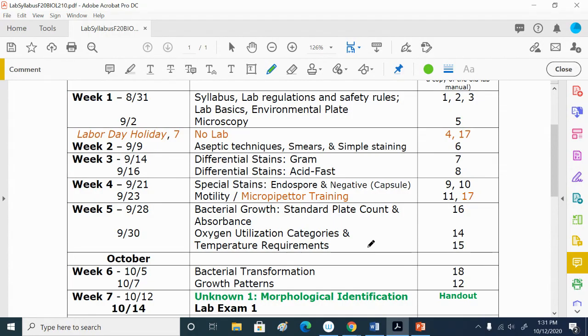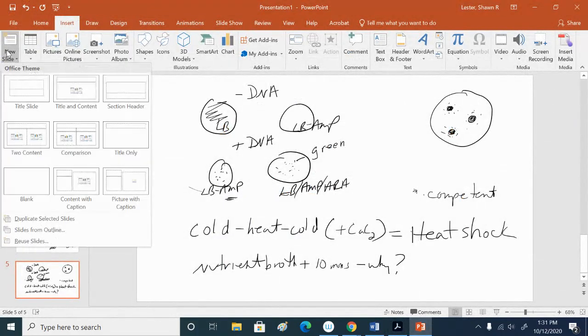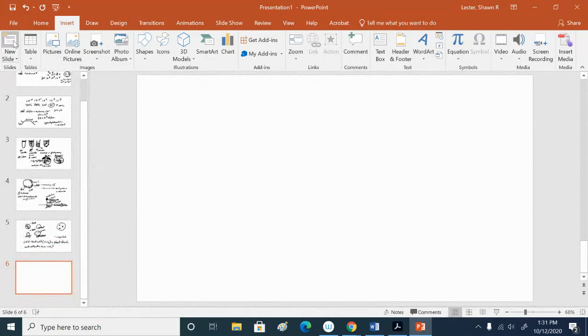So for micropipetters, the idea is to be able to know what they're set for. Remember, they have 3 numbers.